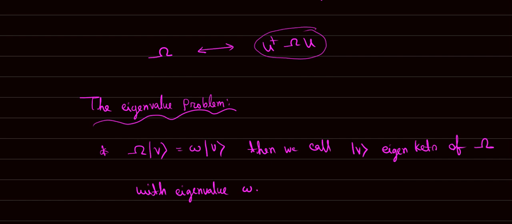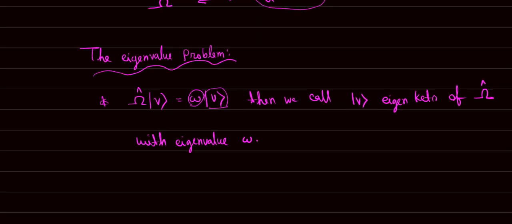To differentiate between operators and scalar values, let's put a cap on the operators. So this is the eigenvalue and this is the eigenket. Whenever an operator just scales a vector by a scalar, we call that vector an eigenket of that operator with eigenvalue omega.